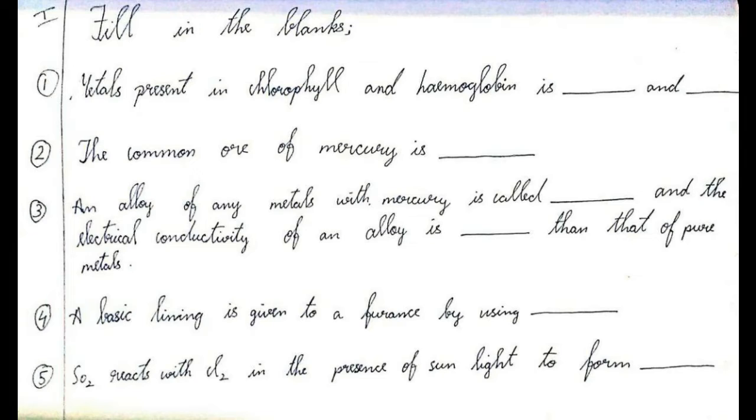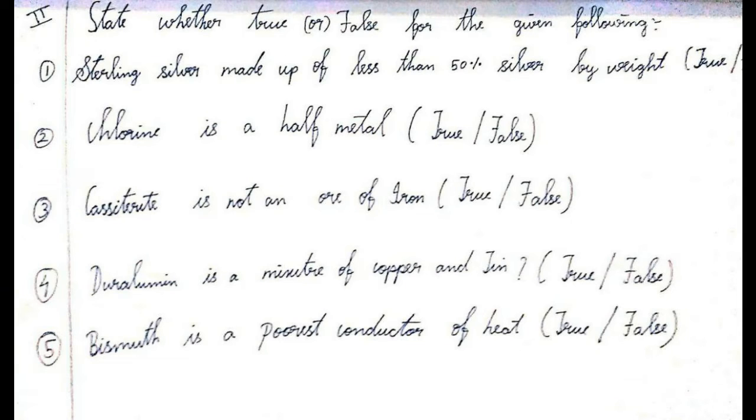A basic lining is given to a furnace by using dash. SO2 reacts with Cl2 in the presence of sunlight to form dash. Sterling silver is made up of less than 50% of silver by weight.